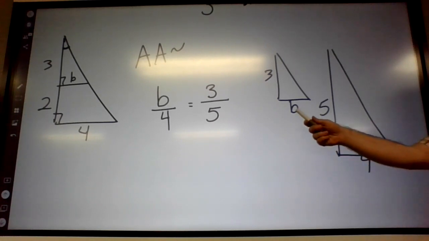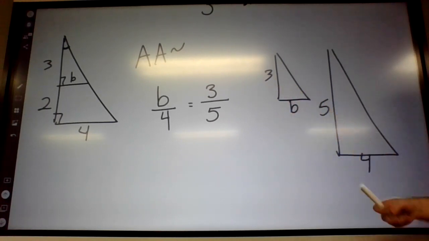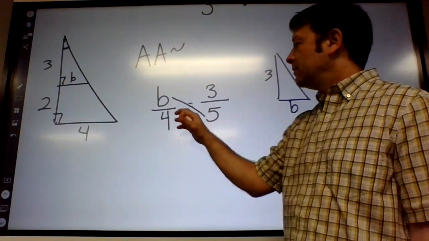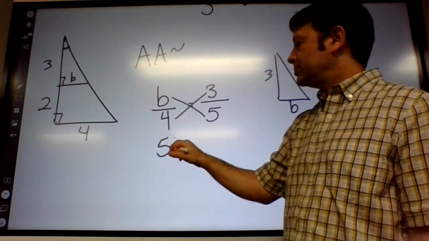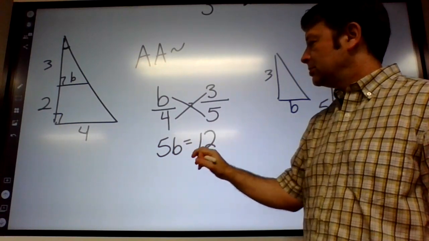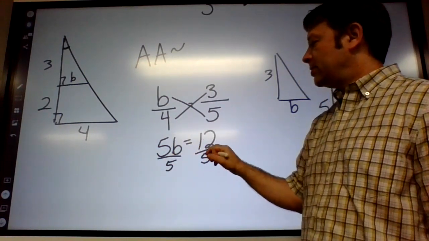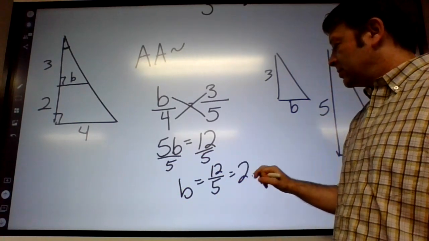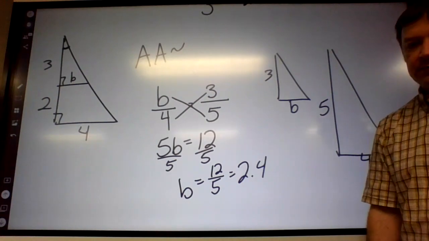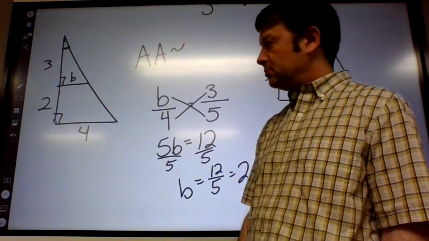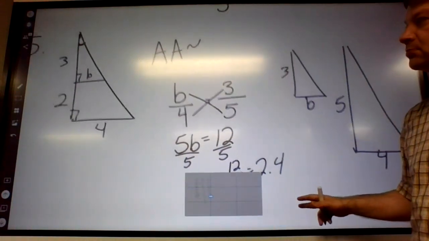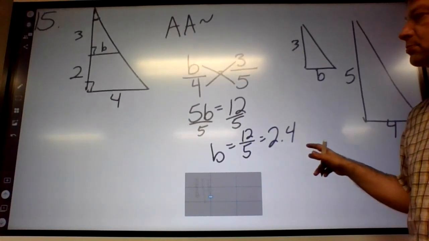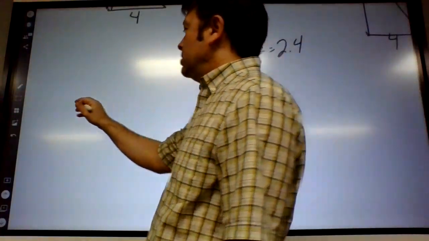So it's B over 4 equals 3 over 5. So 5B equals 12, B equals 12 over 5. I think the book did put decimals, so it's either 12 over 5 or 2.4.